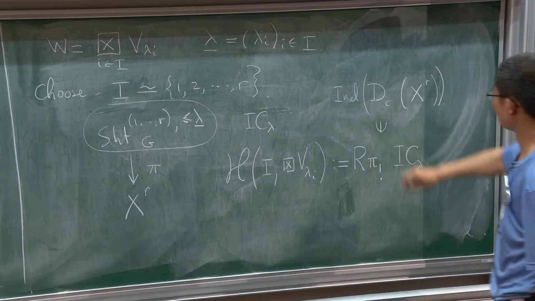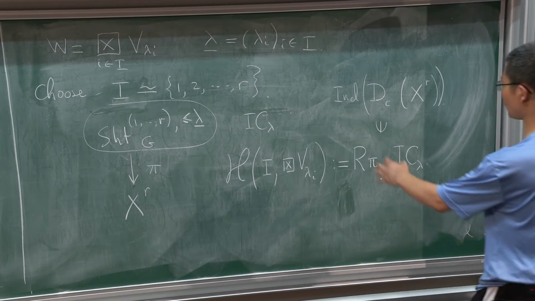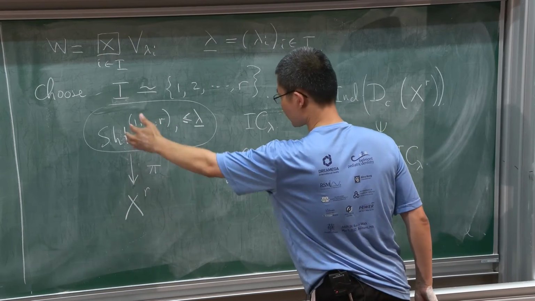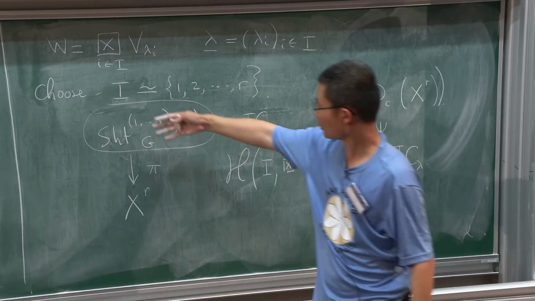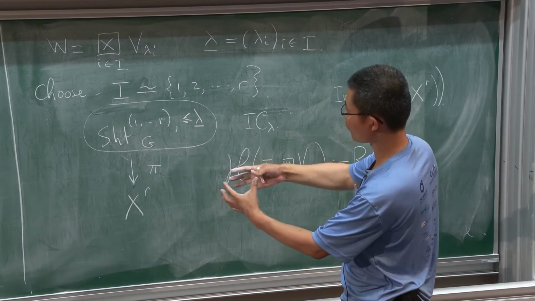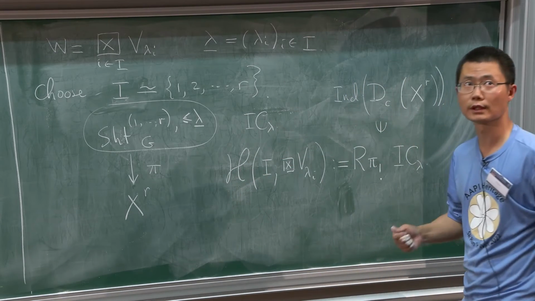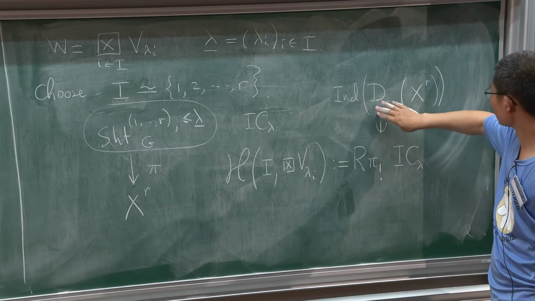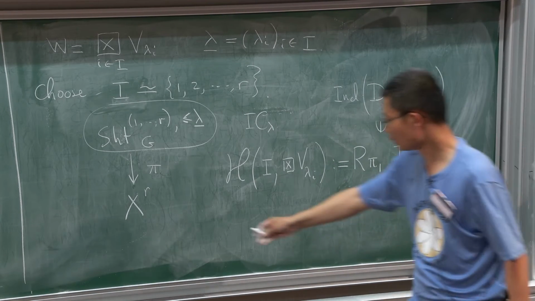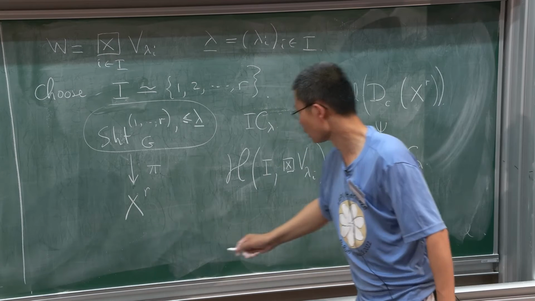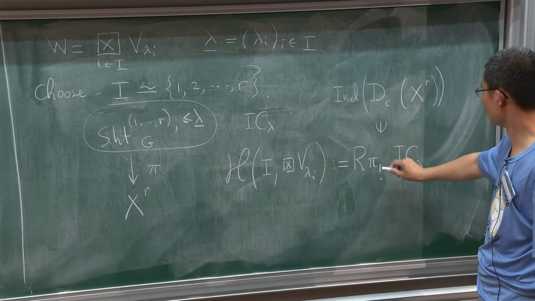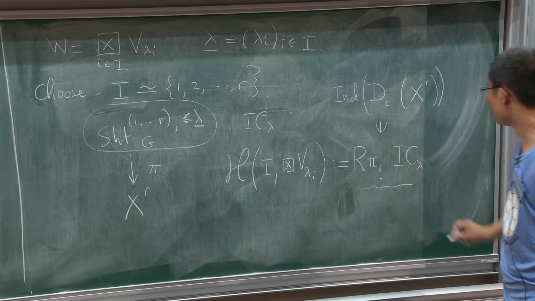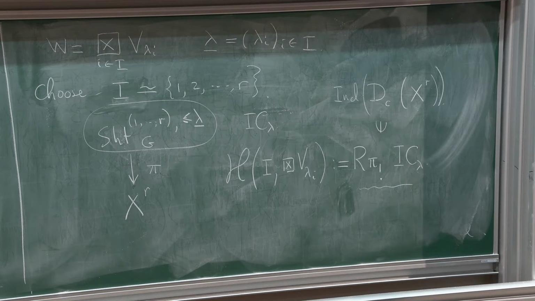Because this moduli stack is not of finite type, we can only approximate by bigger and bigger finite type open subsets. Each such truncation will give a constructible complex on X to the r, and we can take its colimit. Then take that as a definition of the direct image.